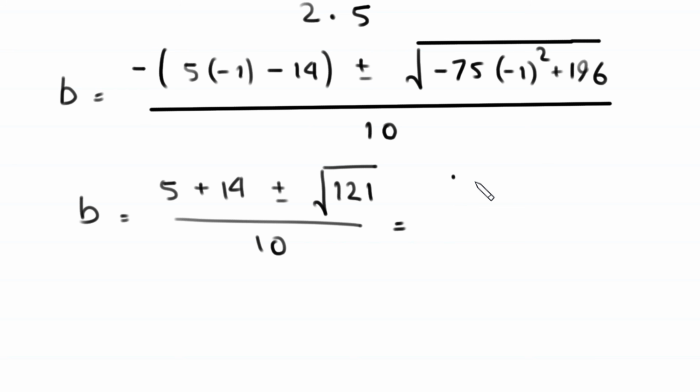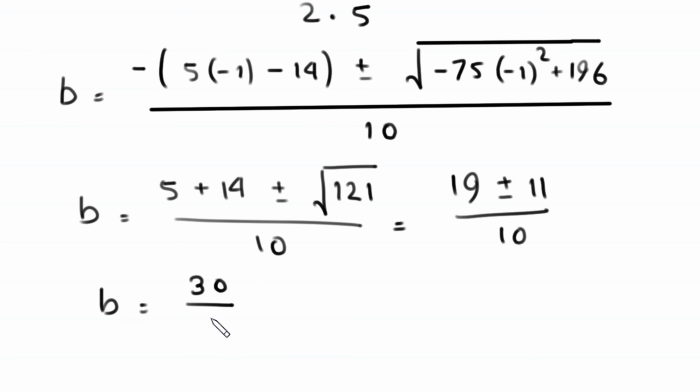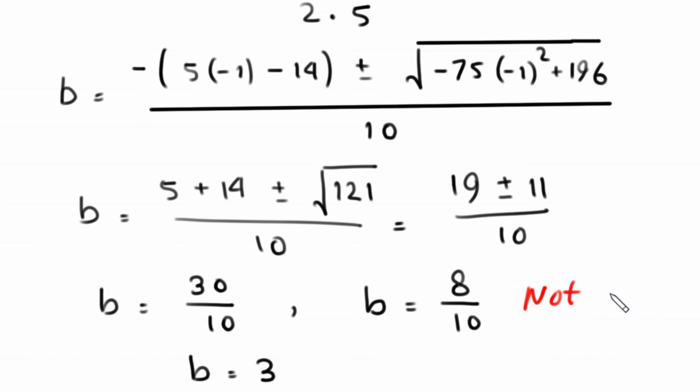This is equal to 19 plus minus root 121 will become 11, divided by 10. It means that b is equal to 30 over 10 and b is equal to 19 minus 11 is 8 over 10. From this equation b will be equal to 3, and this is not an integer.